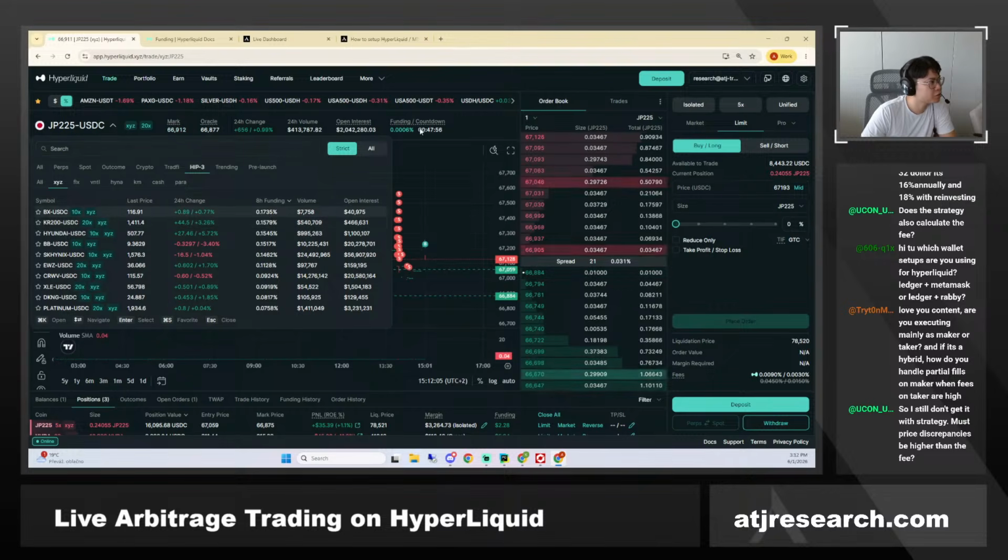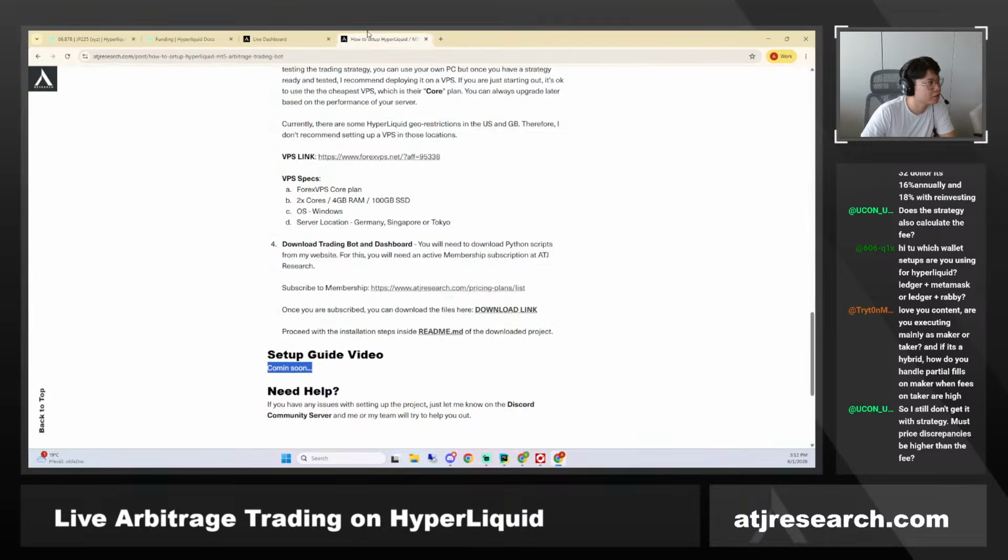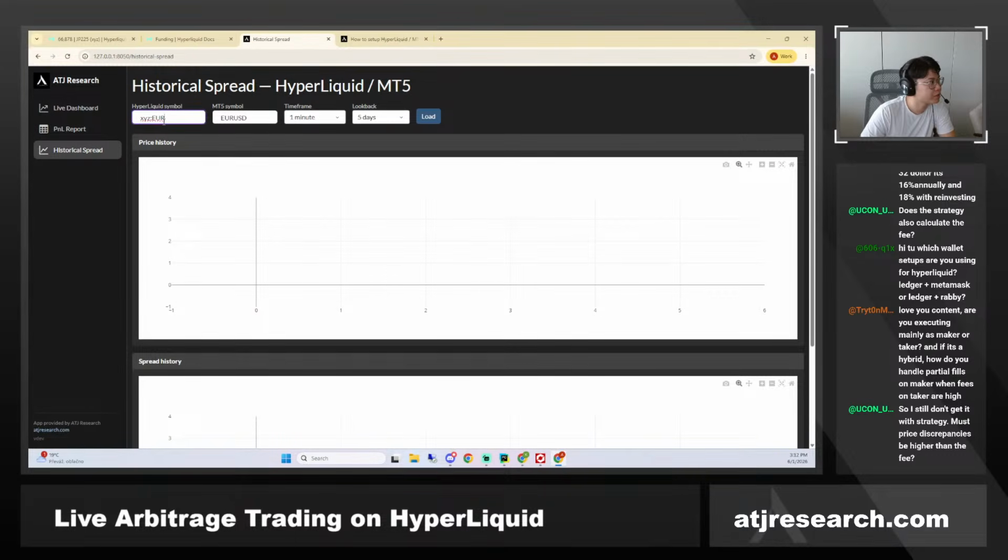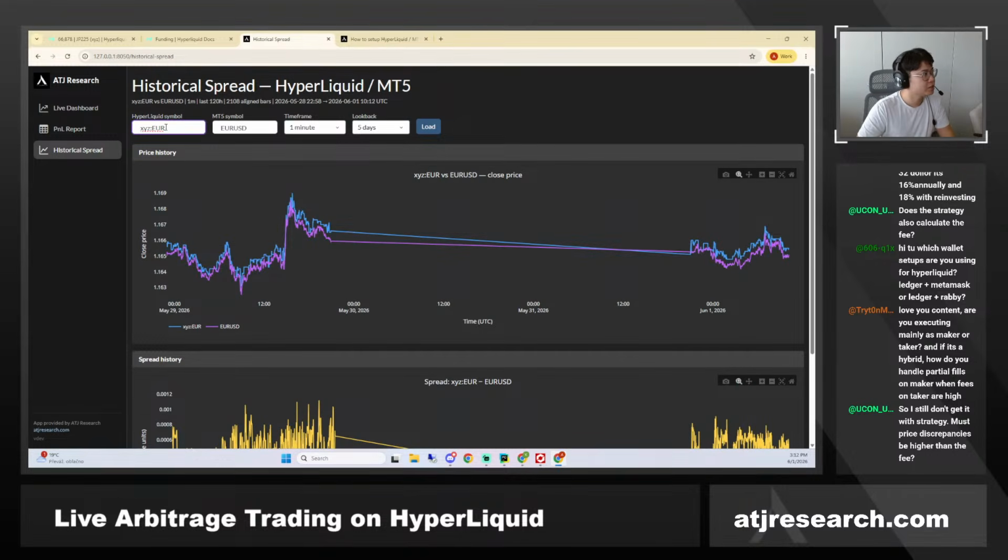Because it looks like JP225 has calmed down a bit, right? You see the funding rate is back to being normal. So maybe if we look at XYZ JP225 and then check JP225 here.